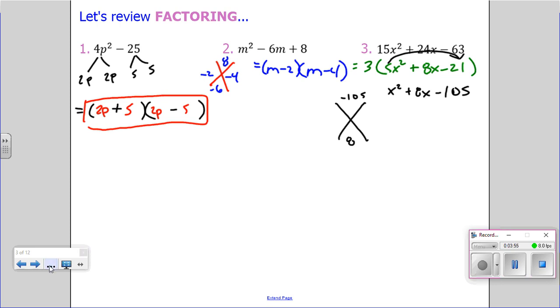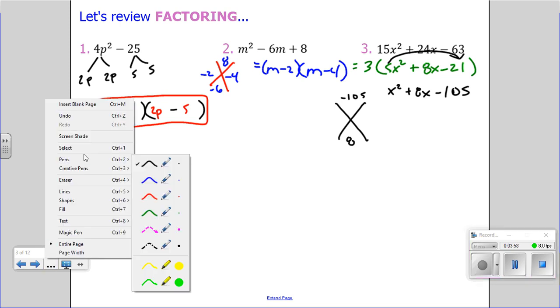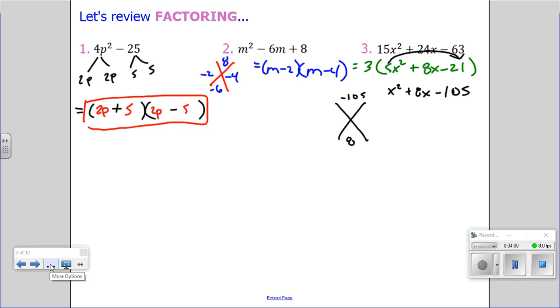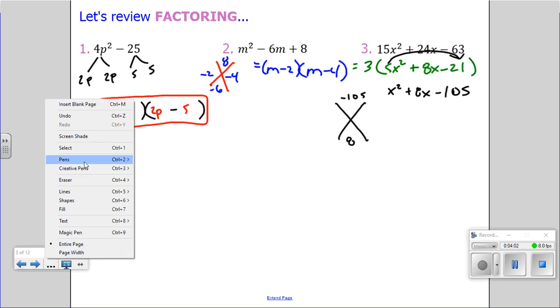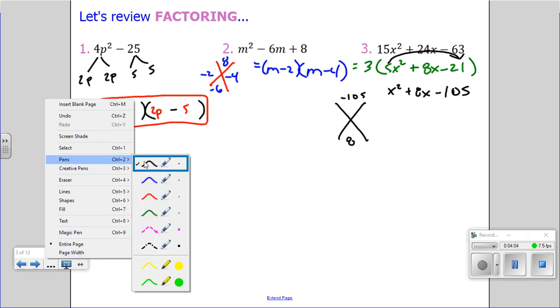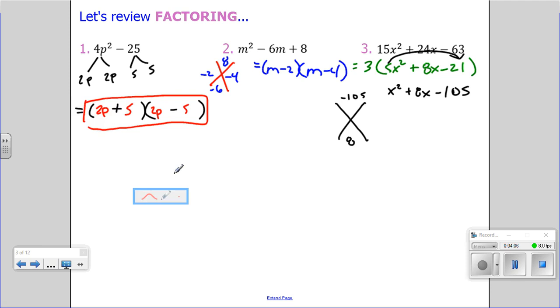So the factors of 105, negative 105, are 15 and 7. And I would need a positive 15 and a negative 7 to give me a positive 8 when I add them. So the factors are going to be parentheses x plus 15 and x minus 7.